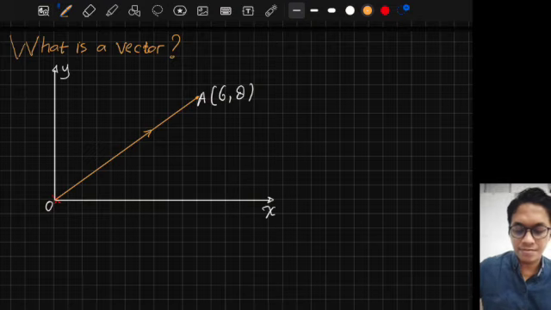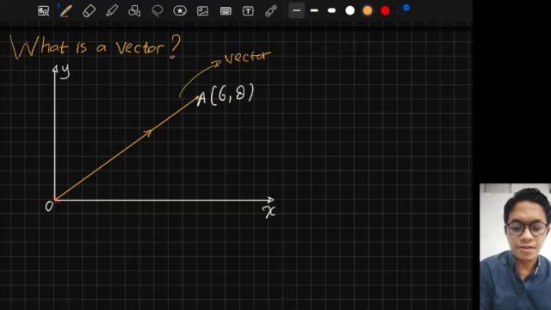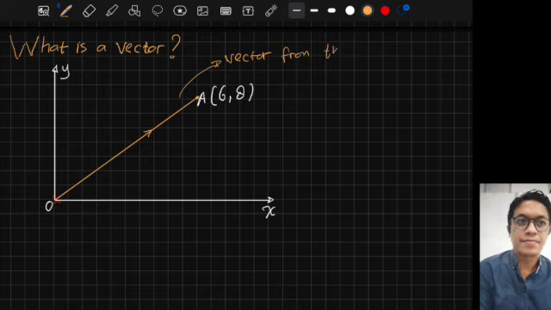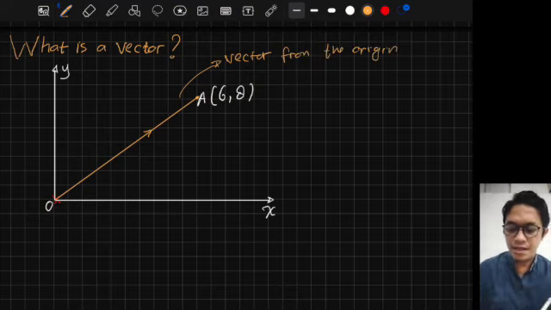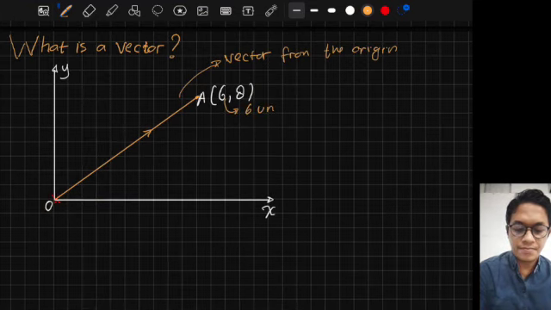The drawing scale might not be accurate, but the idea is when you have a point you can always make a vector from the origin. When you have the point A (6, 8), that means you need to move 6 units to the right and 8 units up.